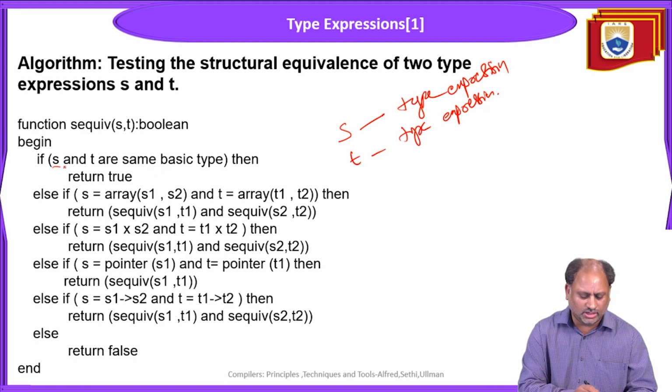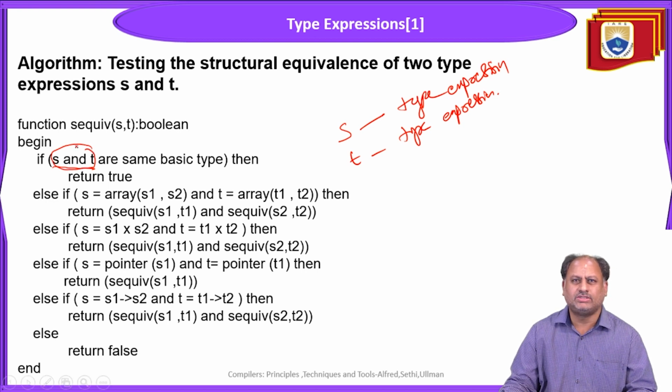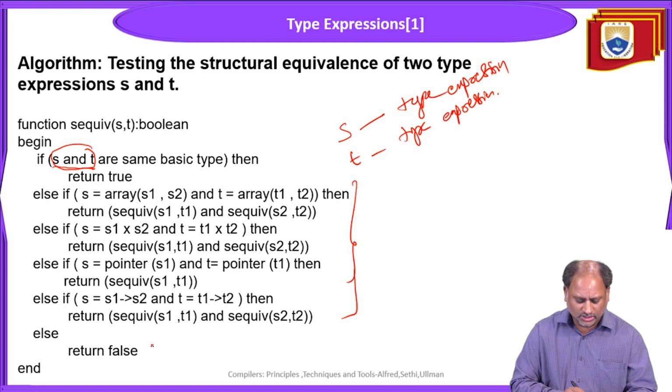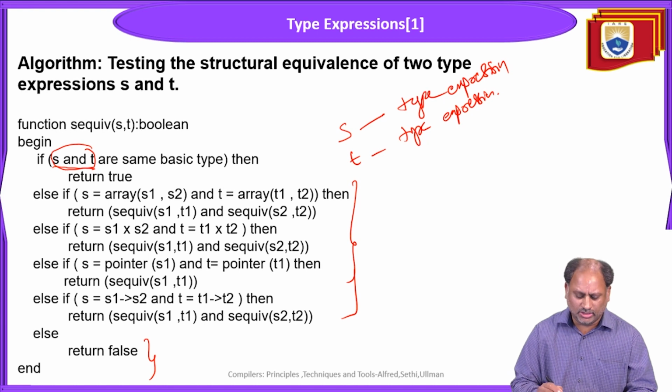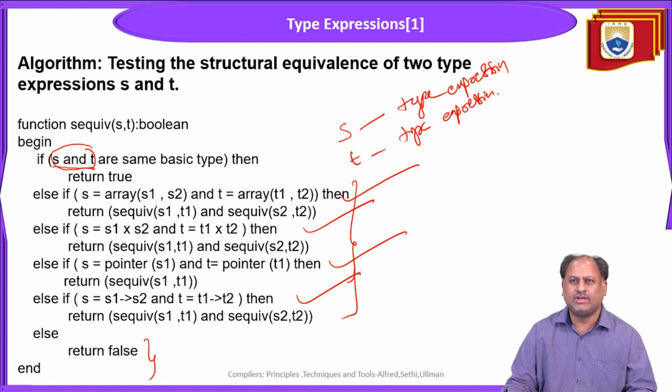If they do, it returns the corresponding structure, else it returns not structurally equivalent. When you run this algorithm, it verifies whether they are an array, a product, a pointer type, or a function type. Then it specifies the corresponding structure.